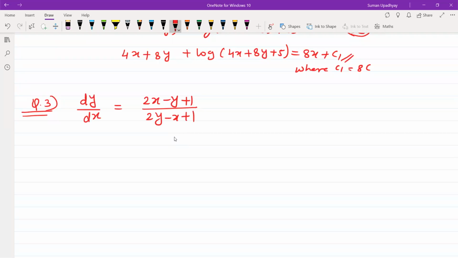Now in this, there is no common term I can see. So you can take the substitution as x equals capital X plus h and y as capital Y plus k. Take those substitutions and try to solve this problem. Your time starts now. You all have 5 minutes. Try to solve this problem and see whether you're able to get it or not. Start solving, kids.